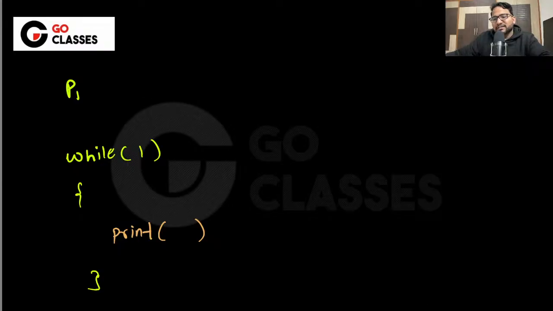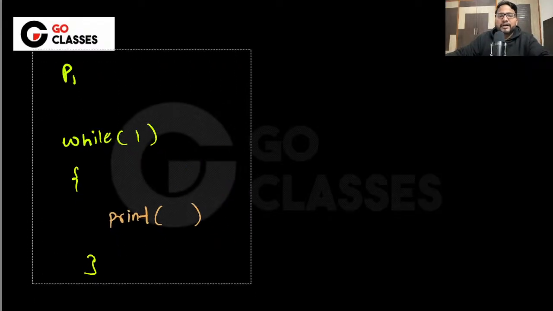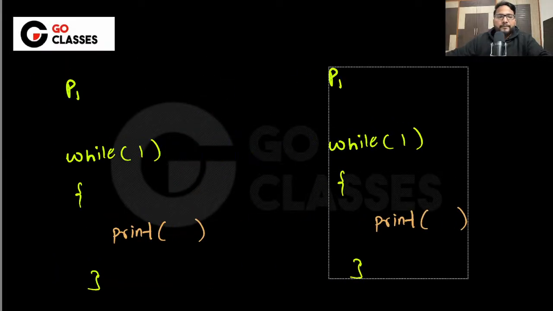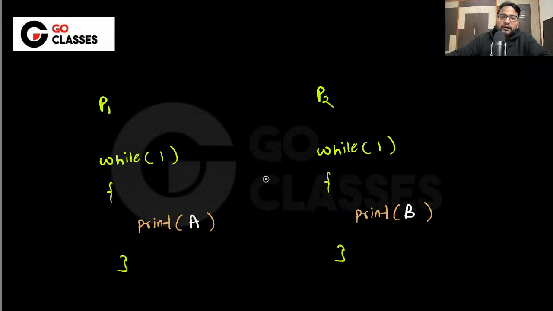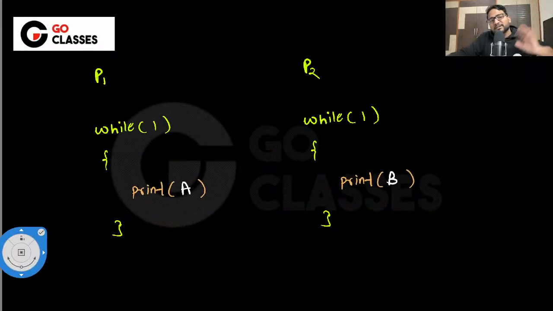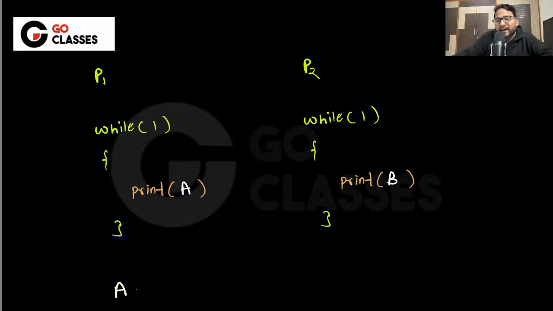Now suppose someone asks you, let's suppose P1 is having while 1, and there is a print statement printing A, and there is a P2 printing B. Now what we want is to make sure that whatever execution is possible, A should get printed and only then B should get printed, and after that A should get printed, then B, then A again.